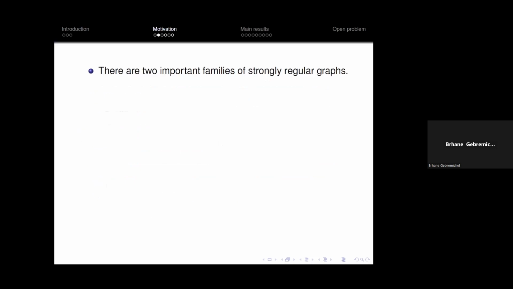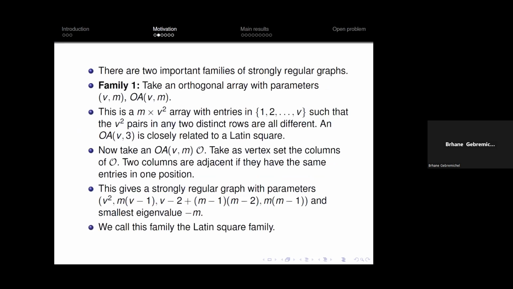In our talk, there are two more important families we use. The first one: take an orthogonal array with parameters (v, m). This is an m times v squared array with entries from 1 up to v, in which the v squared pairs in any two distinct rows are all different. An orthogonal array is closely related to the Latin square.